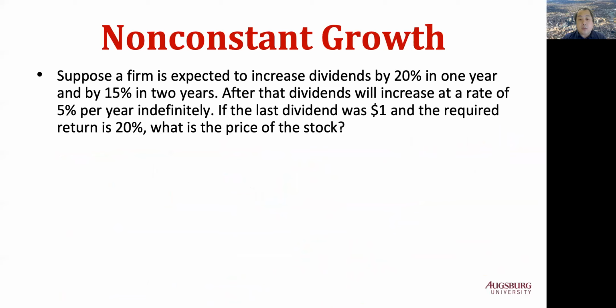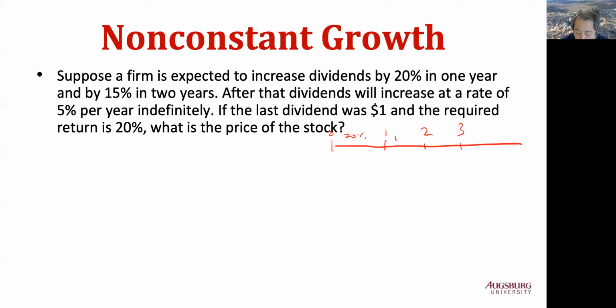Now there is another way to solve this problem. Instead of finding the first timing that behaves like the constant growth model, let's find the first dividend that behaves like the constant growth model. So very similar: 20% increase, 15% increase, and 5% increase forever.